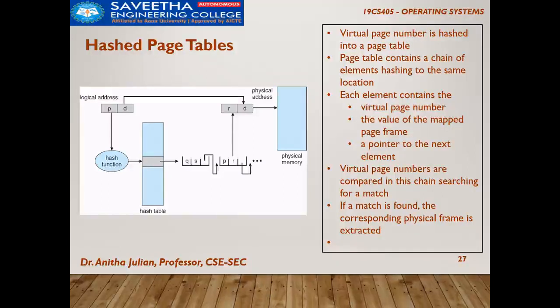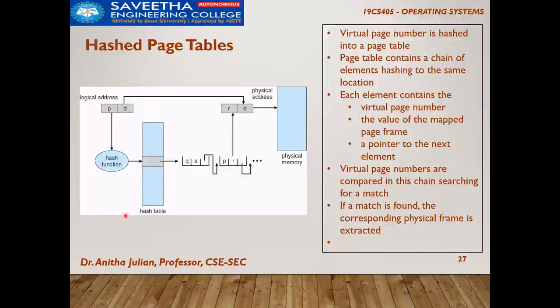So how will the system be? First of all, you are getting a logical address, and page size and frame size should be the same. That is why this diagram is there. Now this is the third method. Actually, you are using a hashed page table. If the page number is very big, we use a hash table.